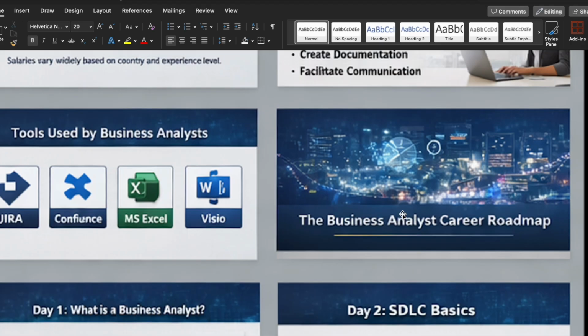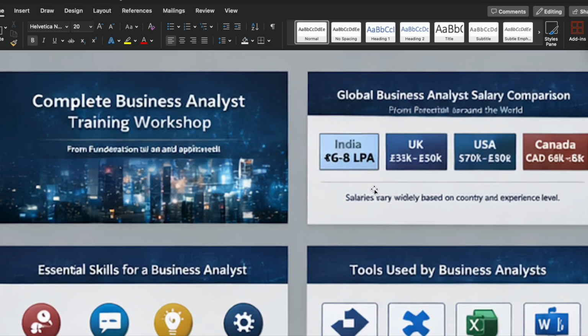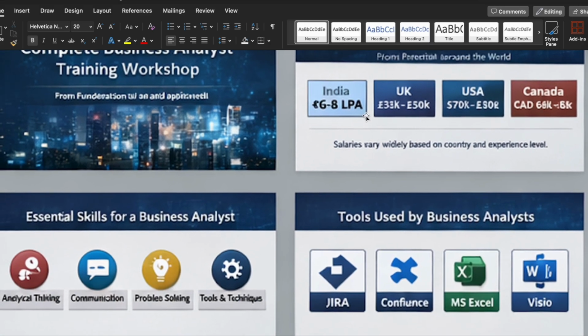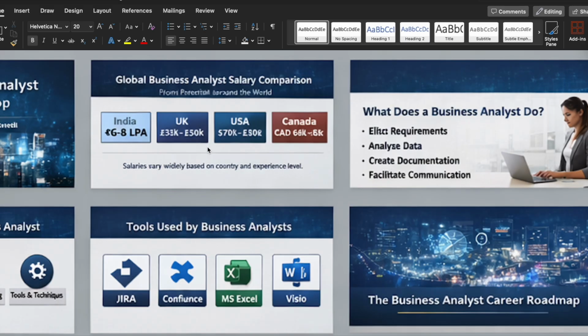So I did some research to provide the average salary for this job role, which is business analyst. And we will understand what a business analyst does, because so many people talk about requirements, data, or what skills we need. We'll discuss those items in detail.